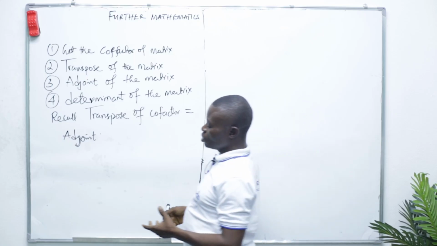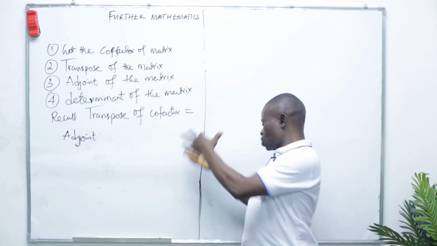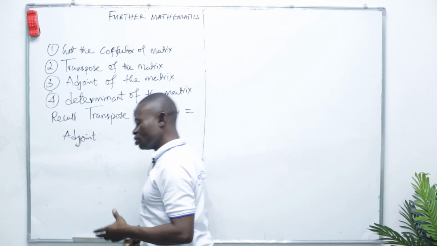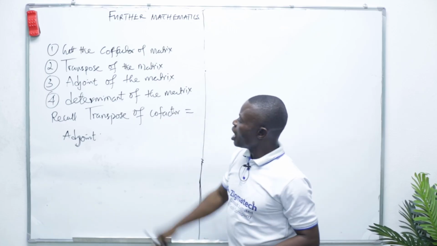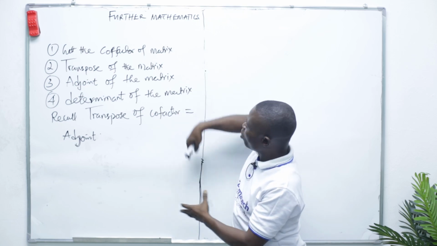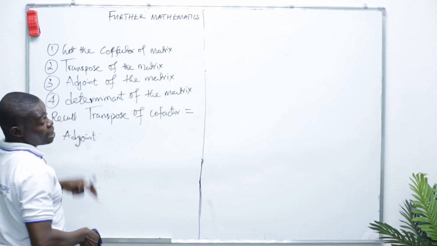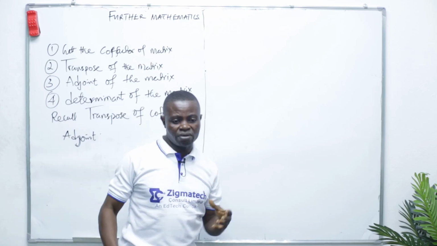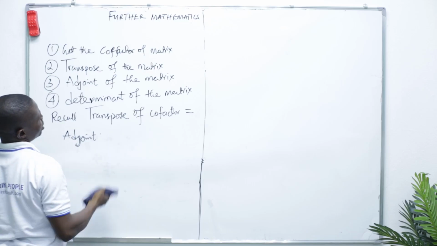In a matrix, when column becomes row and row becomes column, you call it transpose. That is the meaning of transpose. Adjoint, as I said before, is just the transpose of the cofactor. There may be a little delay in our cofactor because we are going to determine each individual value. Having taken note of this, I want to wipe it.